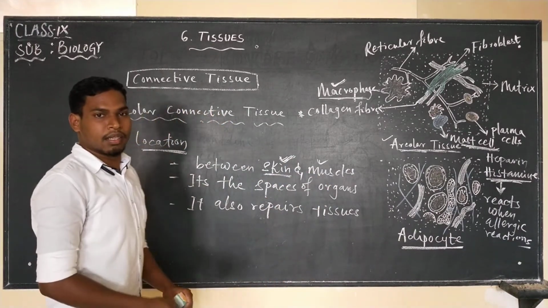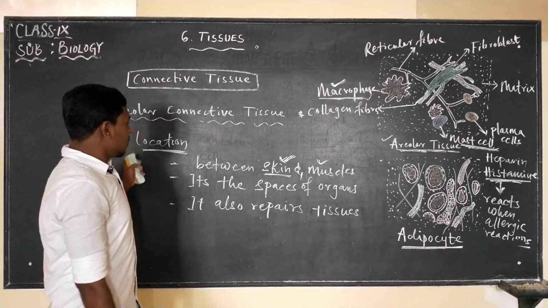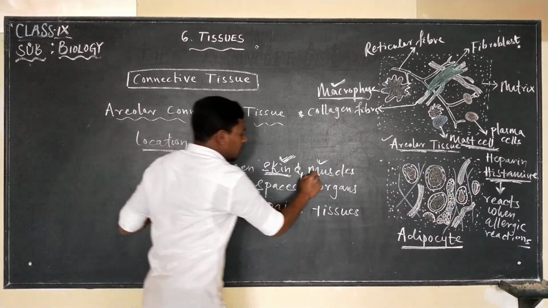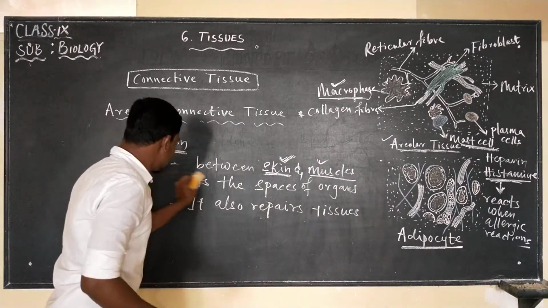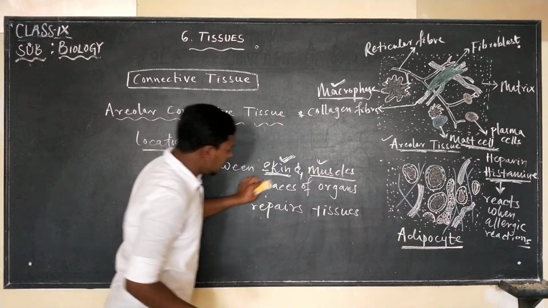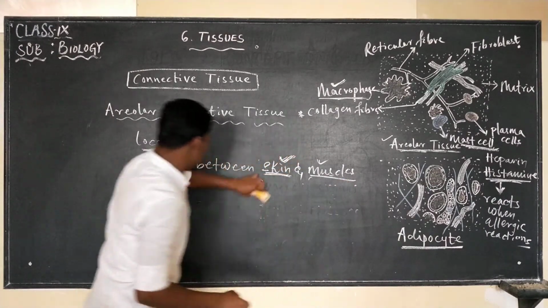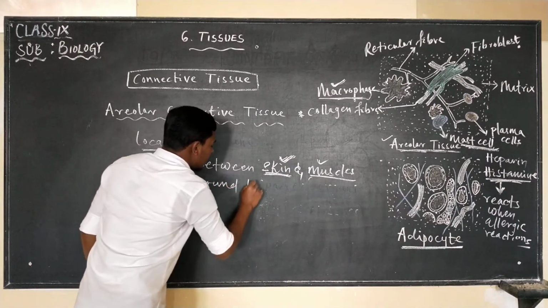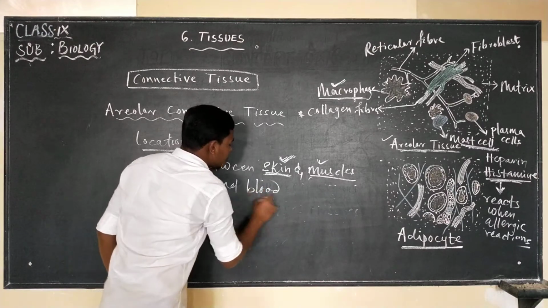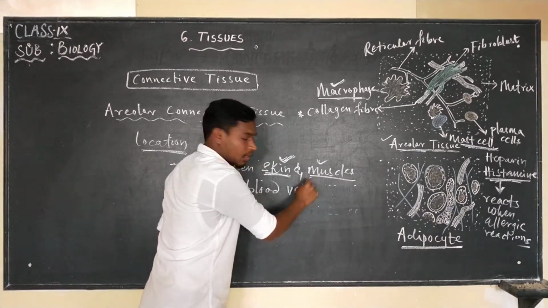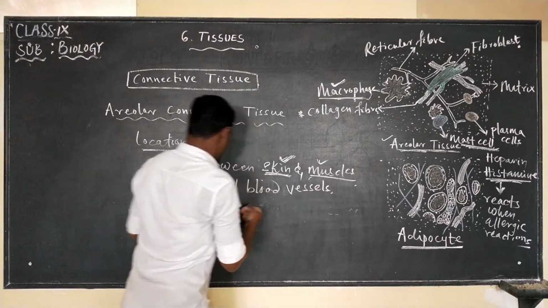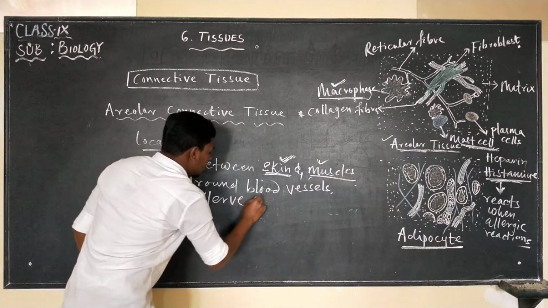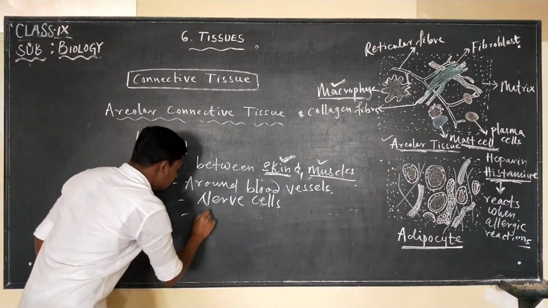Areolar tissue is present between skin and muscles, and it is found around blood vessels, and even in the nerve cells and in bone marrow.